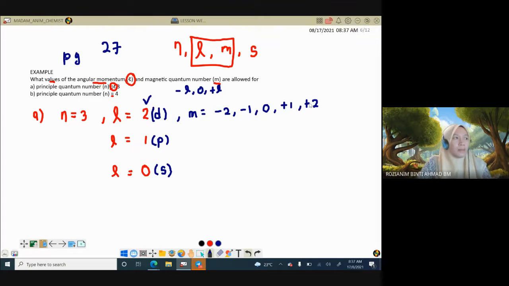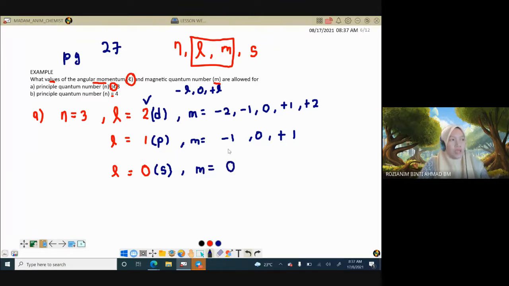So dah dapat 5 nombor. Tapi kalau L equal to 1, so the value of M is equal to negative 1, 0 and positive 1. And if L equal to 0, so our M only equal to 0.